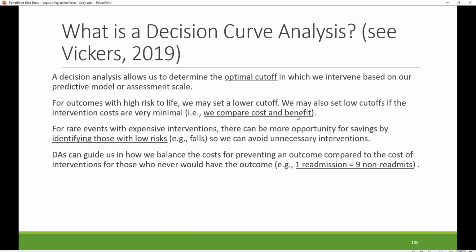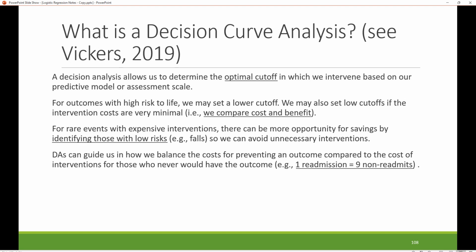So if we have something that has a very high chance of death, we'd probably want to set that cutoff level to a lower value. And if we have something where the intervention itself is cheap, or the expenses are very minimal, then we would probably consider that too.